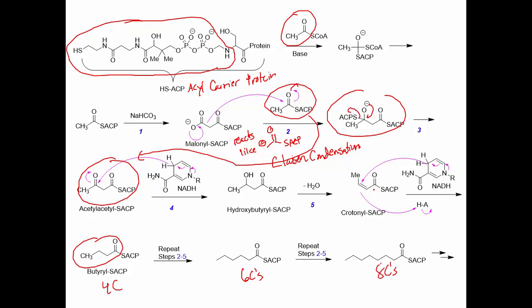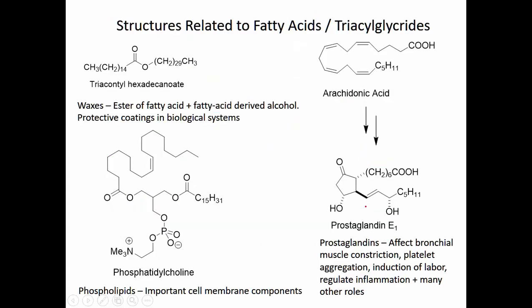So we could have repeated steps 2 through 5 on this compound here, hypothetically, right, on the crotonyl SACP, and we would end up with a compound that has a double bond in it. That's how we get the unsaturated fats.